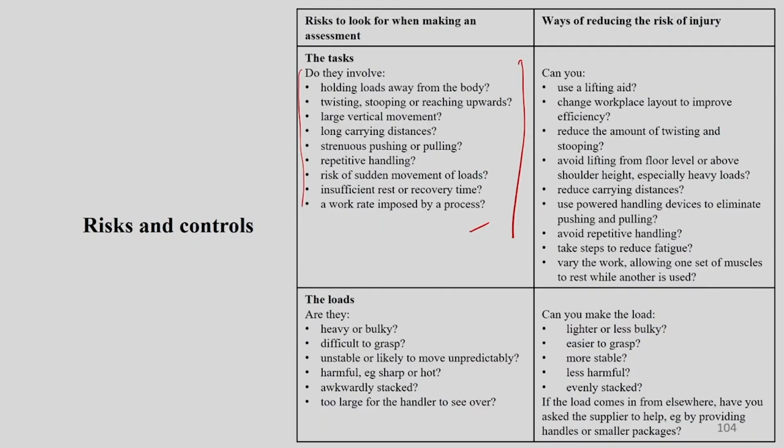So you need to check, is that particular load the person is going to handle heavy, or bulky, difficult to grasp, unstable, or likely to move unpredictably, harmful, for example sharp or very hot or very cold, awkwardly stacked, too large to handle or to see over. So maybe you cannot see like this. Is there anything like this? If so, how can you make the changes?